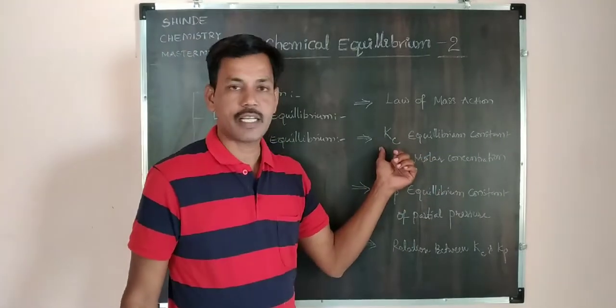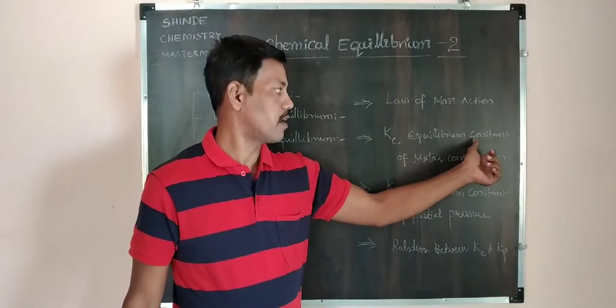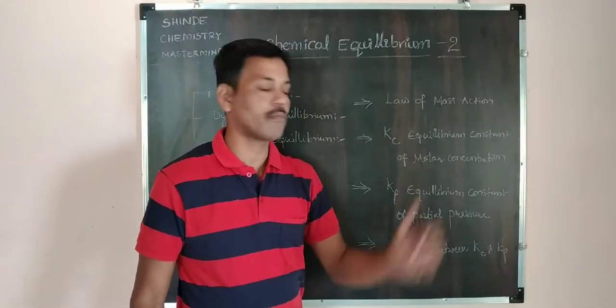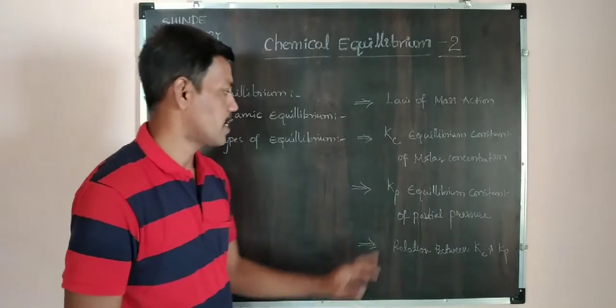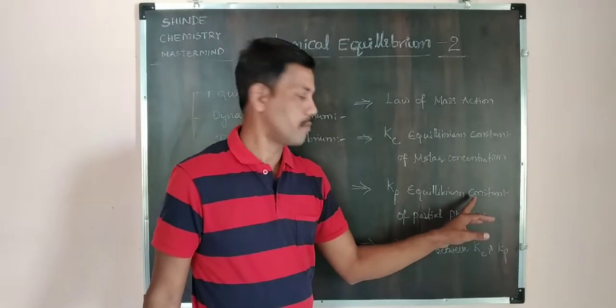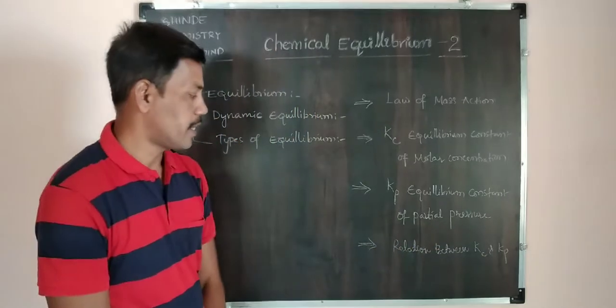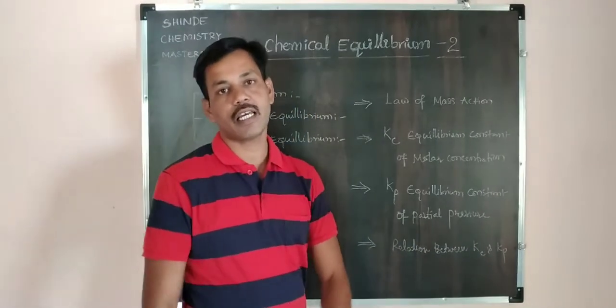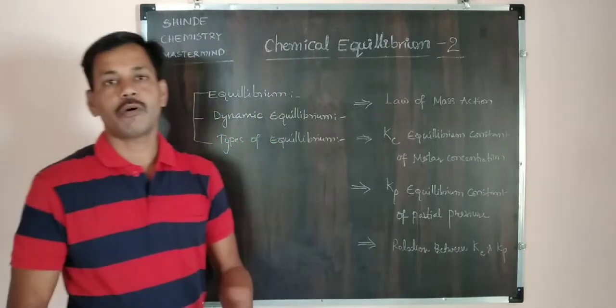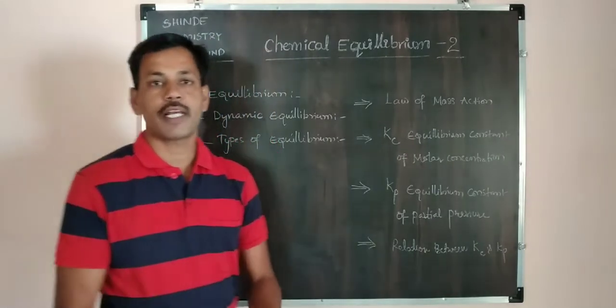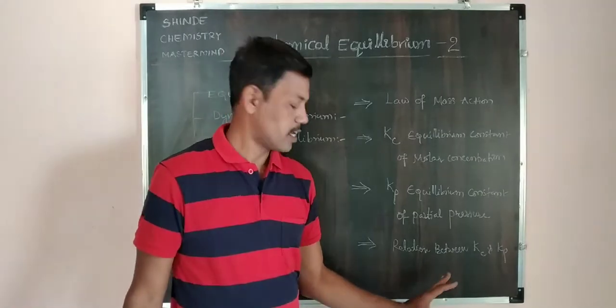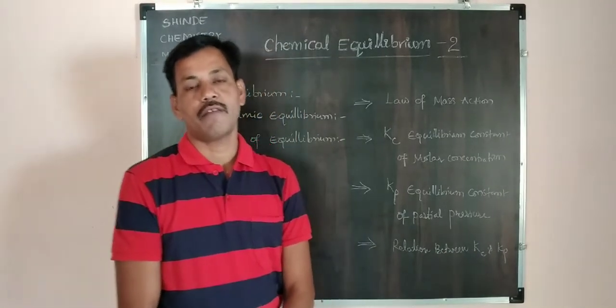What do you mean by Kc? Kc is the chemical equilibrium constant of molar concentrations, and Kp is the chemical equilibrium constant of partial pressure, and then the relation between Kc and Kp. Above that, we have to know more examples of the relation between Kc and Kp values.